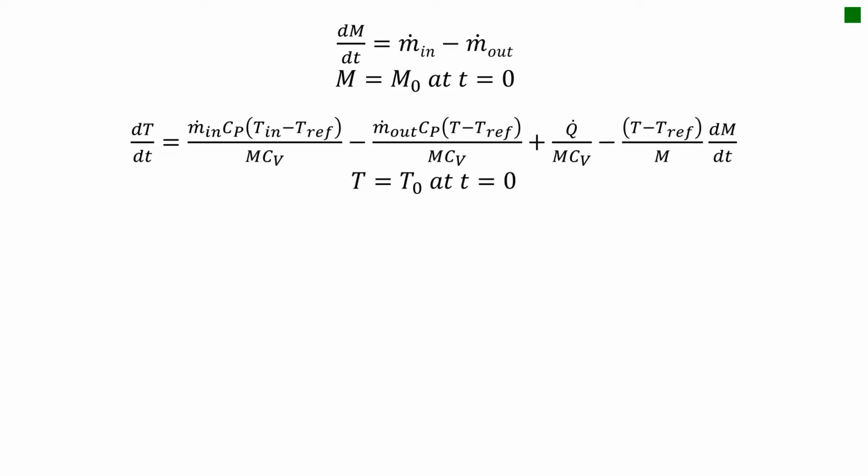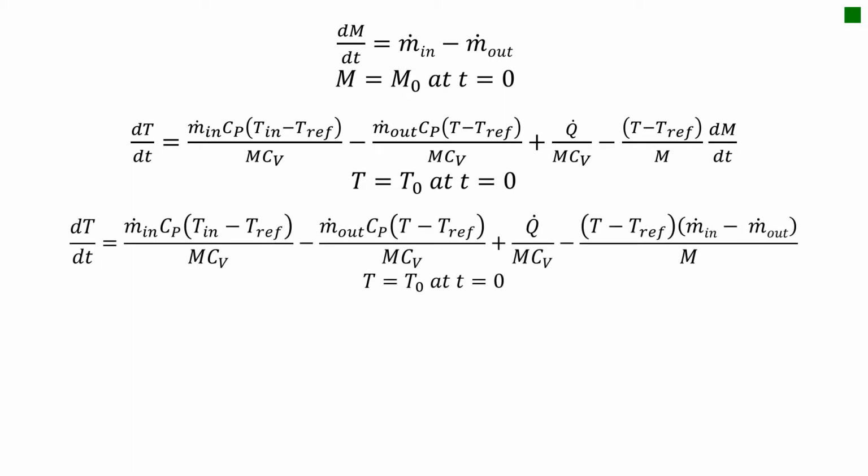Our change in temperature with respect to time is given by this equation, and the temperature at time equals 0 is T0. I'm now going to substitute the value of dm/dt, which is just equal to the mass flow rate in minus the mass flow rate out. That's the only thing that I've done differently.